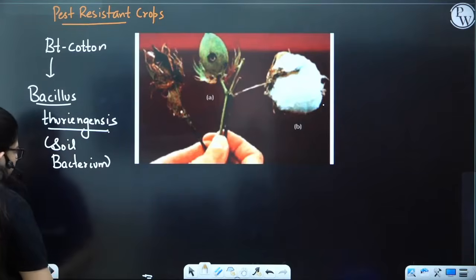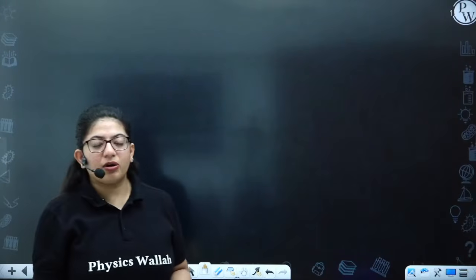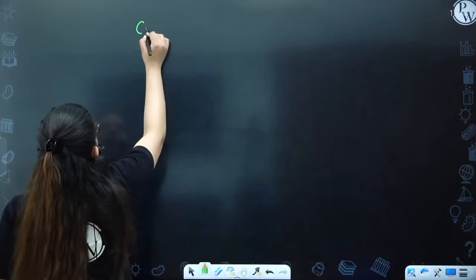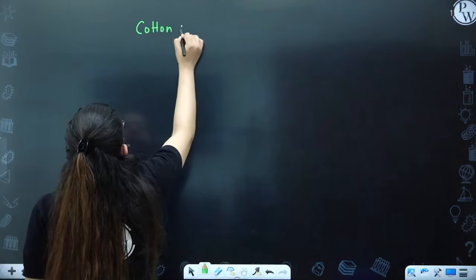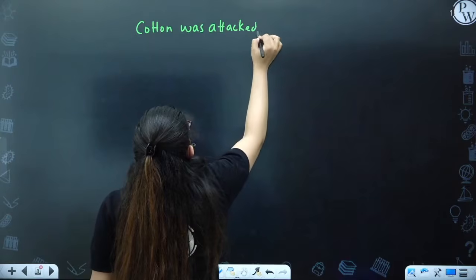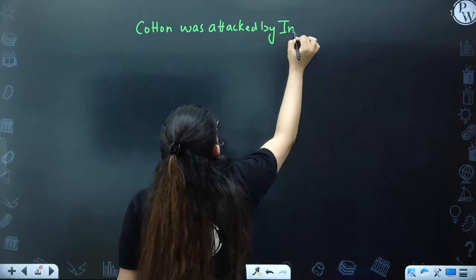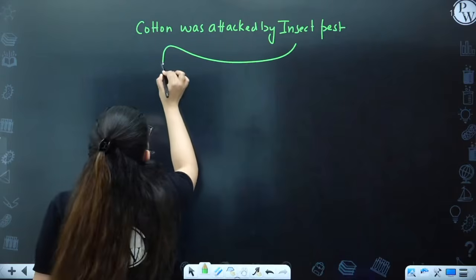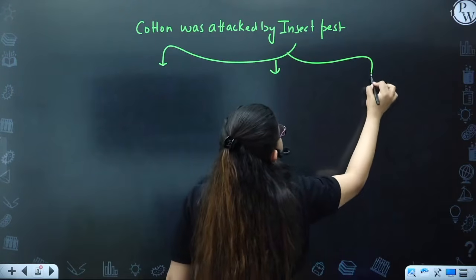So first of all, for understanding this, let's talk about what the enemies of our cotton are. Cotton was attacked by insects. Insects are the pest here. And these insects belong to three orders of class Insecta, right?